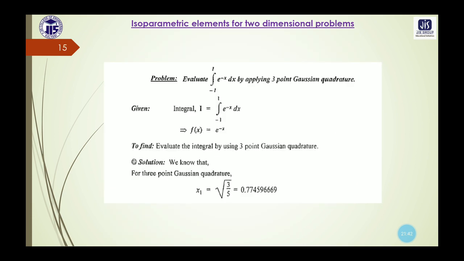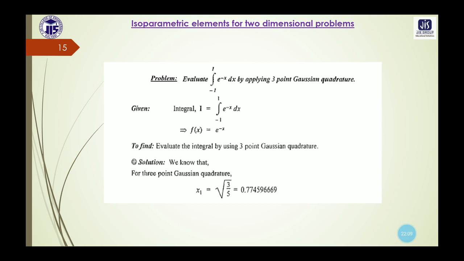Now let us move to the next numerical. We need to evaluate minus 1 to 1 e to the power minus x dx by applying 3-point Gaussian quadrature. So here the number of sampling points for the Gaussian quadrature is mentioned, that is 3.